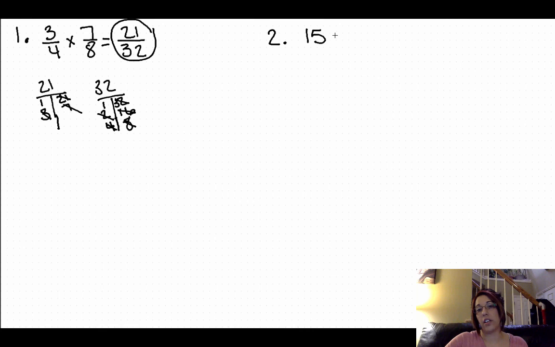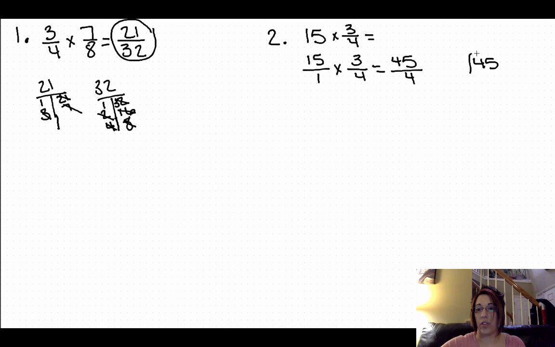So we have 15 times 3/4. Well, we need to make 15 into a fraction by putting 1 under it times 3/4. 15 times 3, 15, 30, 45. 1 times 4 is 4. Do we need to make it into a mixed number? Yes, we do. 45 divided by 4. 4 will go into 4 once.